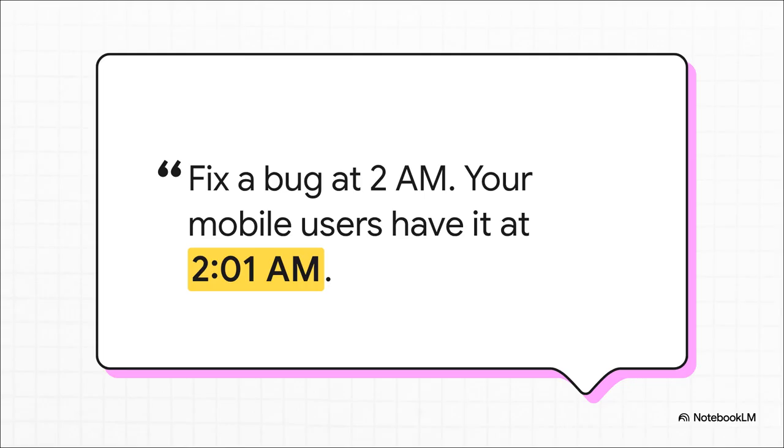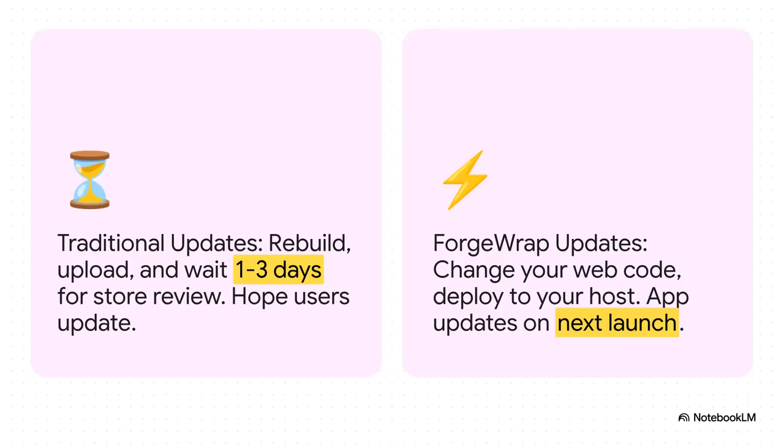And the crucial point, not a single one of those fixes required rebuilding the app or going through another painful store review. Because the app's core is your live web app, any changes you make there are seen by users the next time they open the app. You just deploy your website like you always do. That painful, days-long update cycle of traditional native apps, it's completely gone for like 99% of your changes.